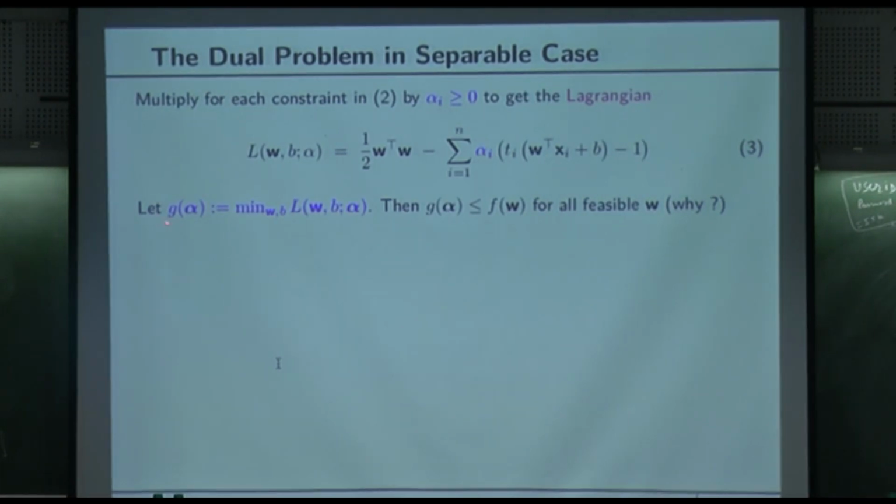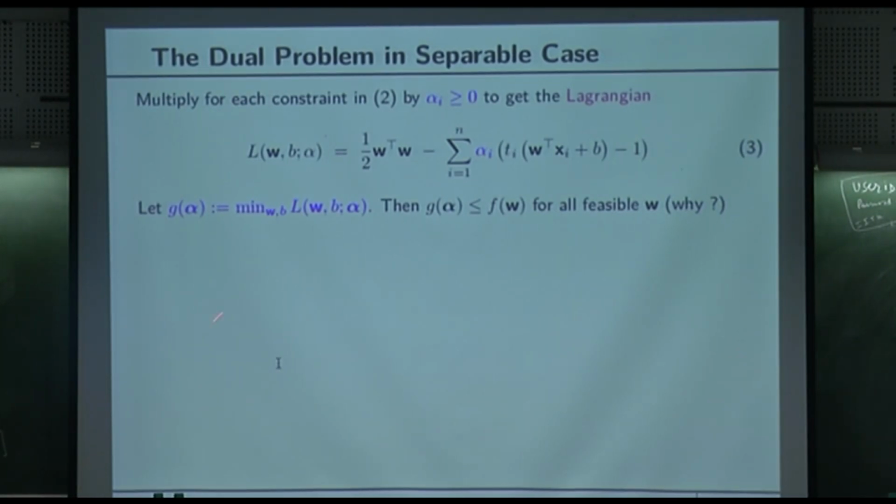Then I'm going to take the minimum. I'll fix the value of alpha and take the minimum of this Lagrangian over all W and B for a fixed alpha. My claim is that G of alpha is less than or equal to F of W for all feasible W.